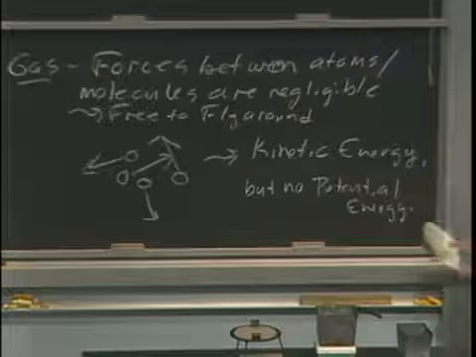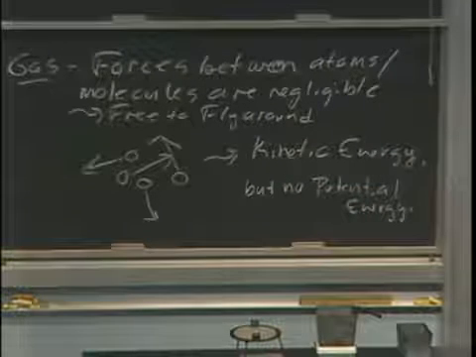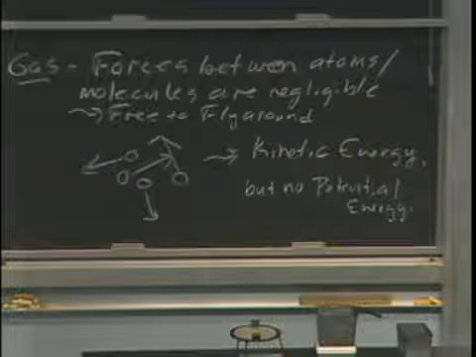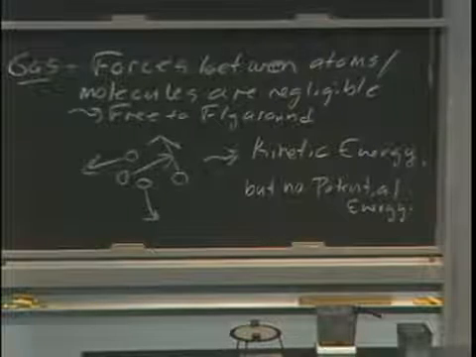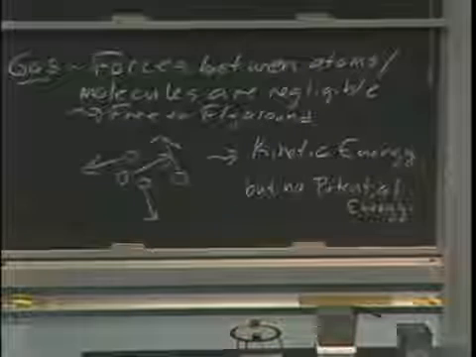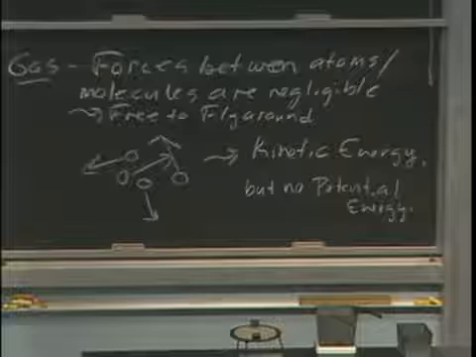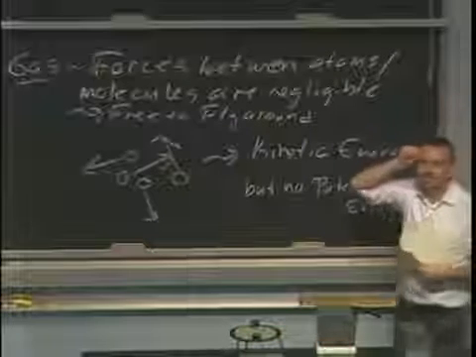They're just flying around. So these atoms and molecules in solids, liquids, and gases are individual masses. They are moving around. They have kinetic energy. All of them have kinetic energy. In a solid and a liquid, they have potential energy.